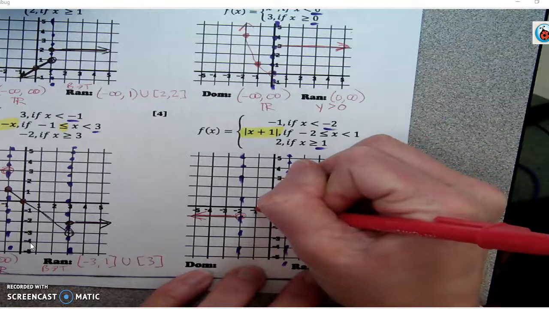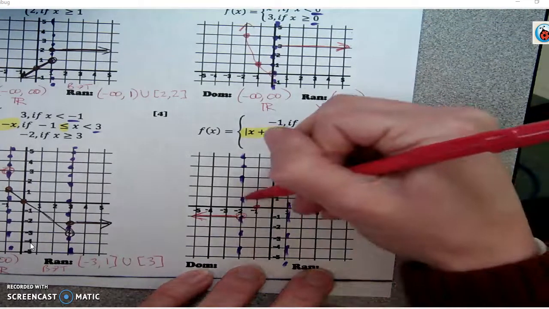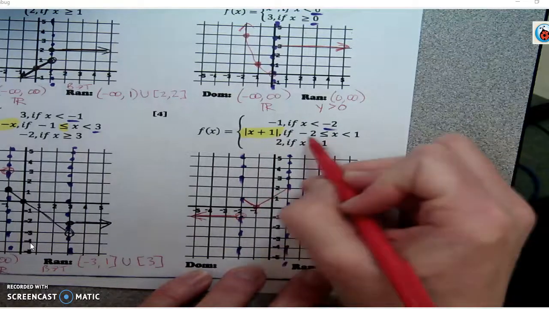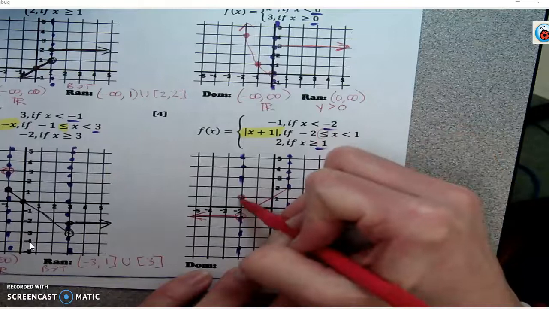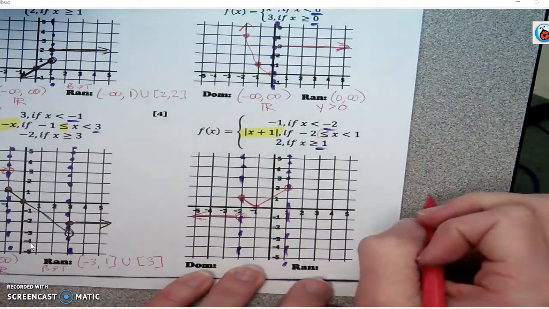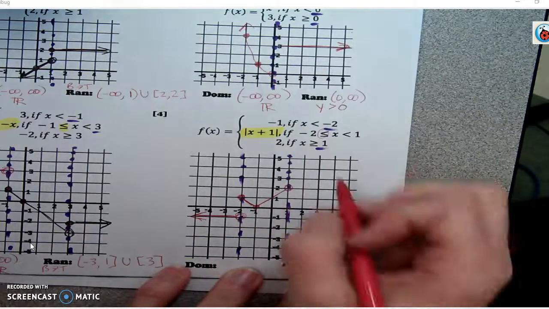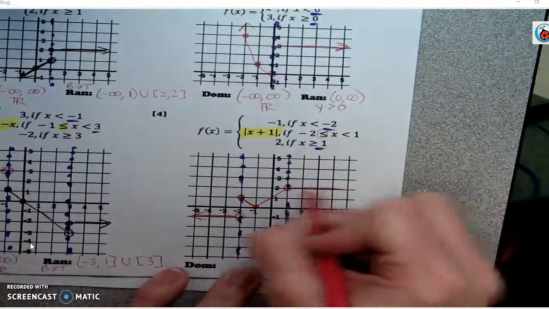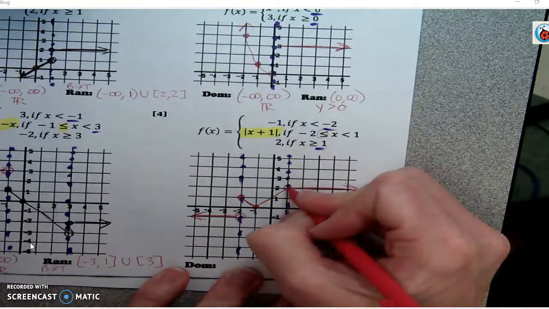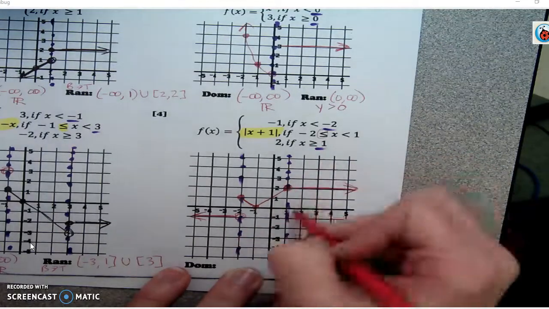So my minimum value will be there, and it goes up. It will have a closed circle here and an open circle there. And then the last section is a horizontal line at +2, and that will close in this circle right here because it is equal to 1.